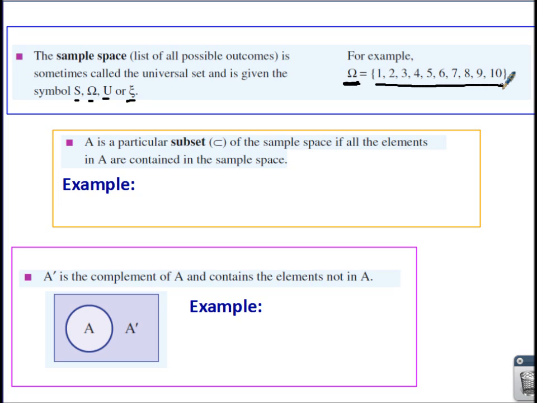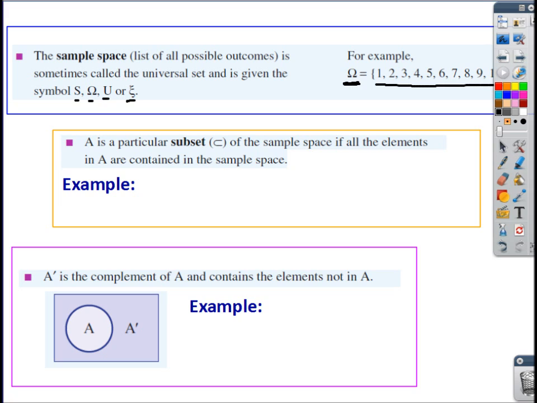So that's pretty straightforward. Another symbol that we use in set notation is the subset symbol. So that's this one here. It looks like a U lying on its side. And we use that when we're trying to show that something is a subset of another thing.